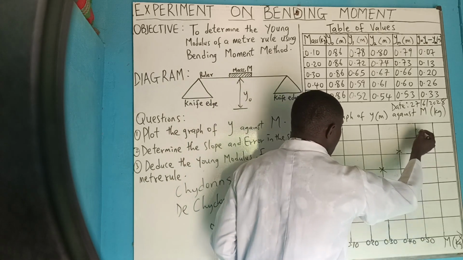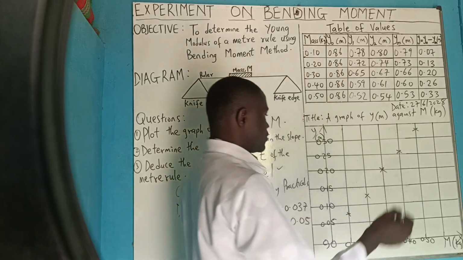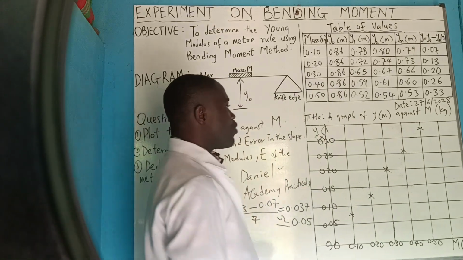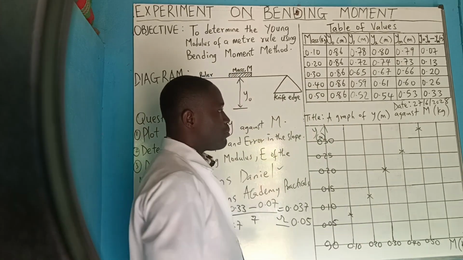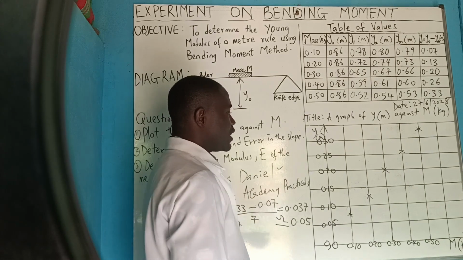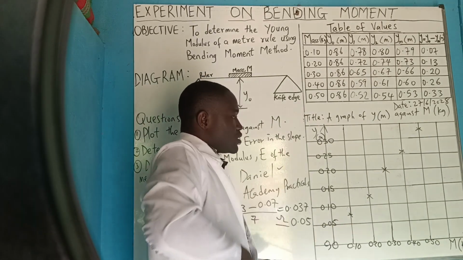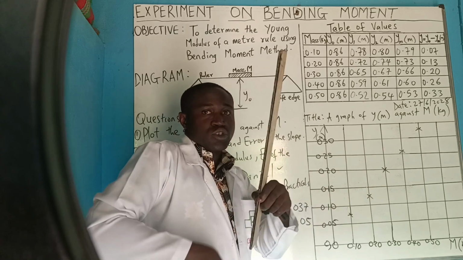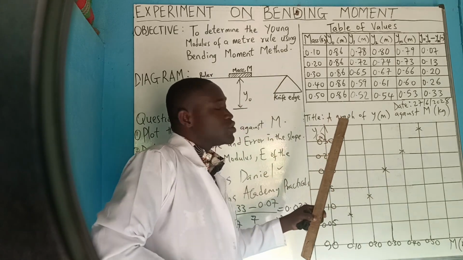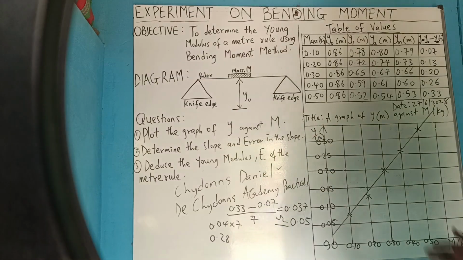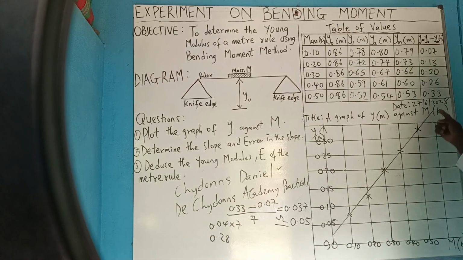It should be somewhere here. So once you finish locating your points, next thing is you place your ruler and locate your line of best fit. So we have succeeded to locate our line of best fit. Now the next thing is to get our slope.